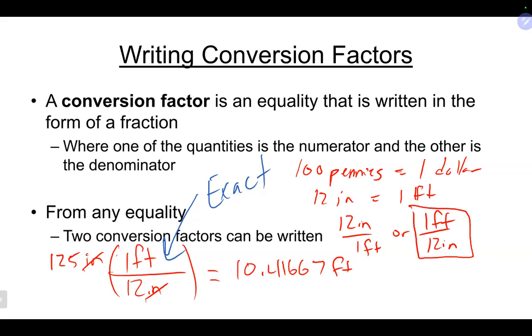In a lot of conversion problems, that leaves you with just the original number. The original number here has 3 significant figures, which means our answer should have 3 significant figures. So in this case, 10.4 feet would be our correct answer to the correct number of significant figures.